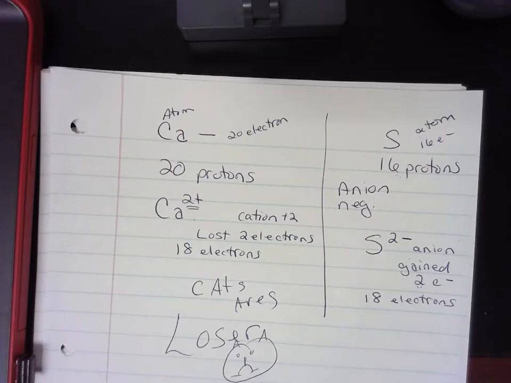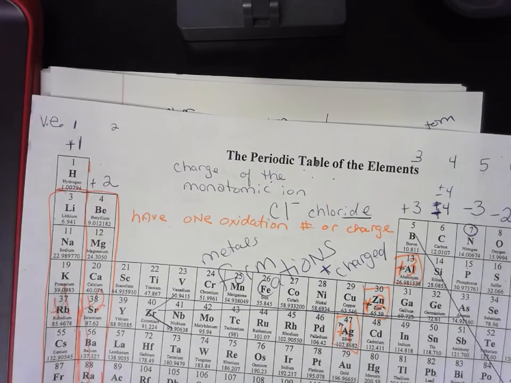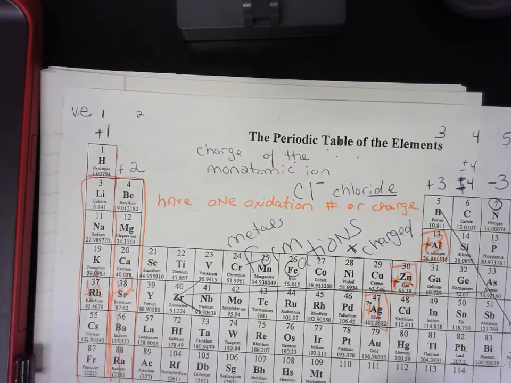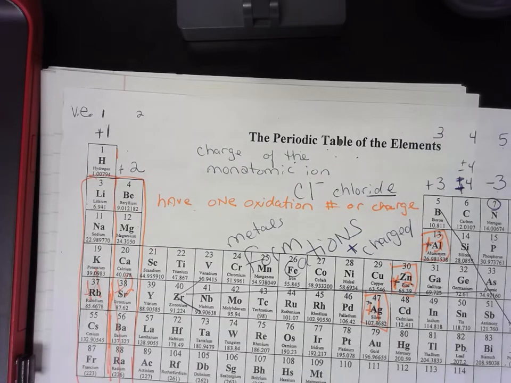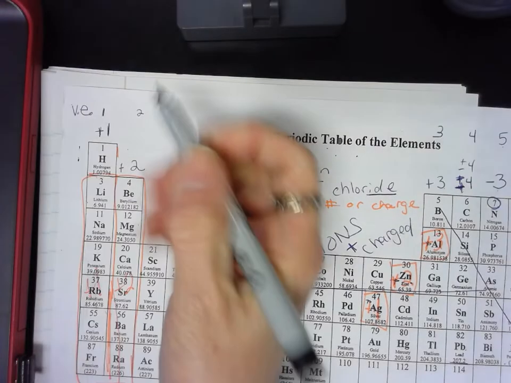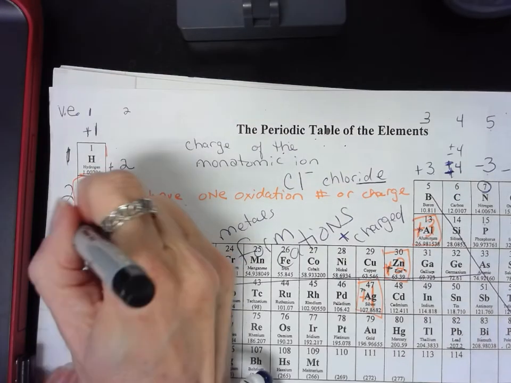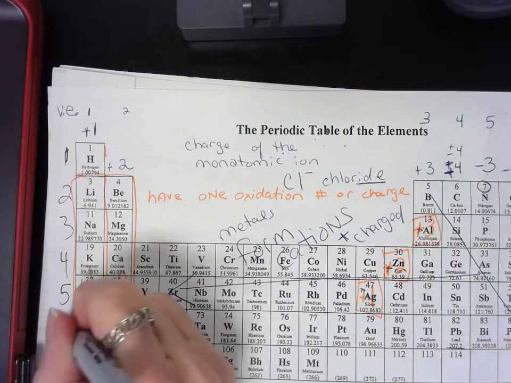Now, another thing that we can do with this periodic table is electron configuration. So remember that whenever we do electron configuration, we look at these energy levels. 1 energy level, 2 energy levels, 3, 4, 5, 6, 7 energy levels.